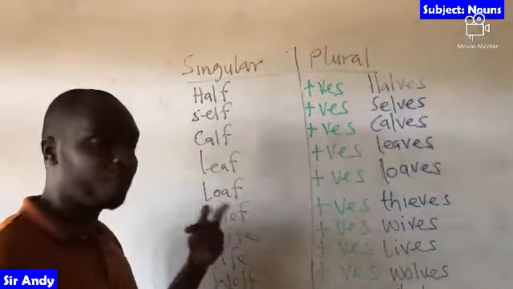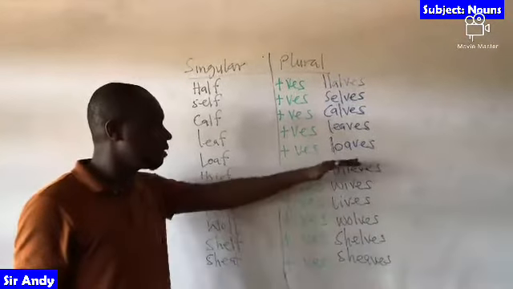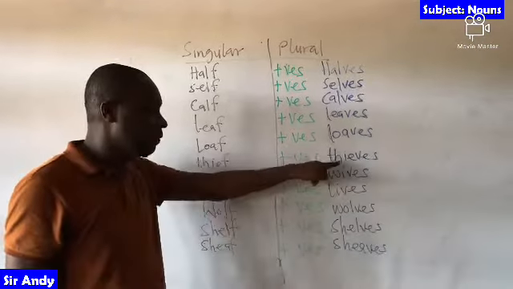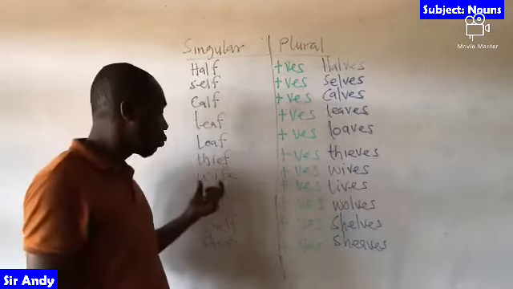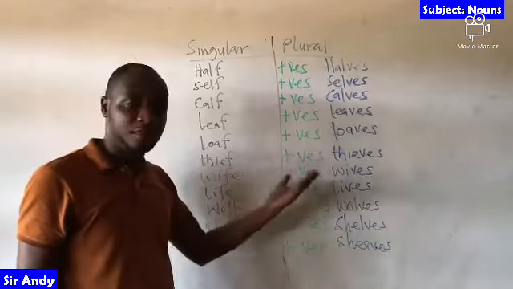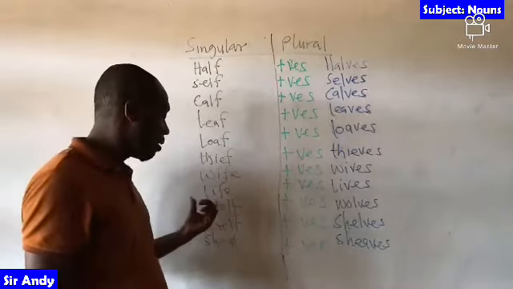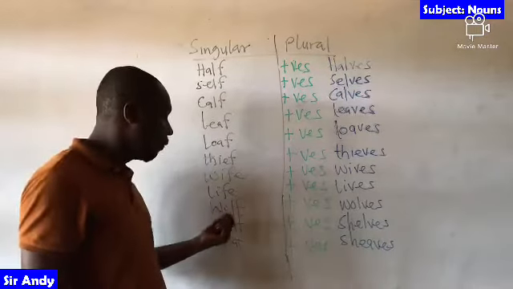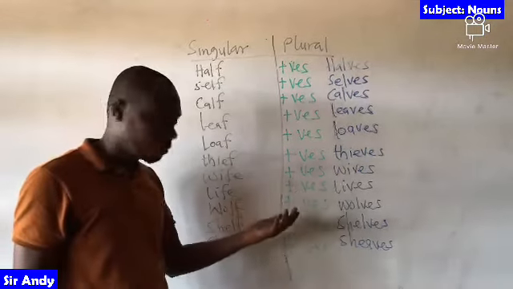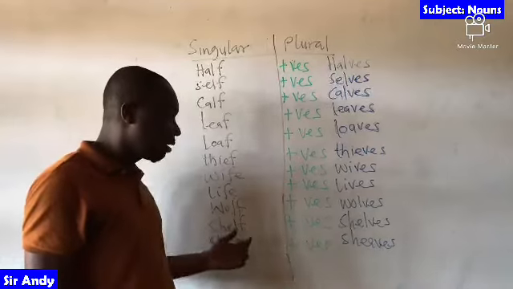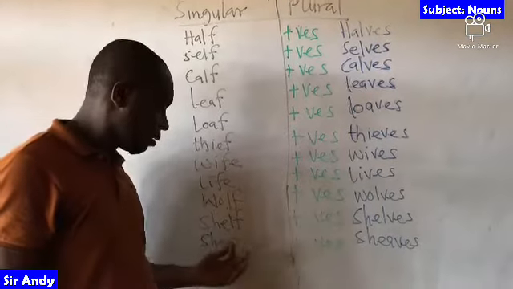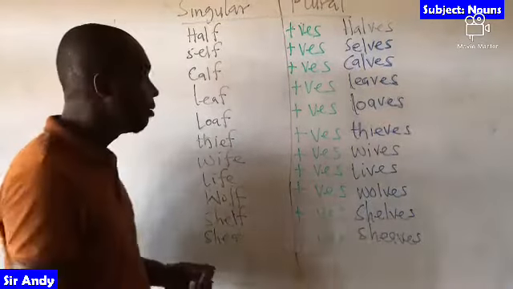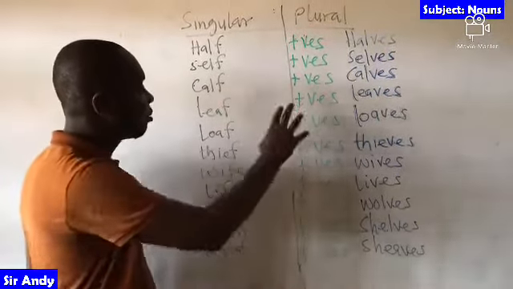Loaf, a loaf of bread, becomes loaves. Thief becomes thieves. Wife becomes wives. Life becomes lives. Wolf becomes wolves. Sheaf becomes sheaves. So that is how these words are.